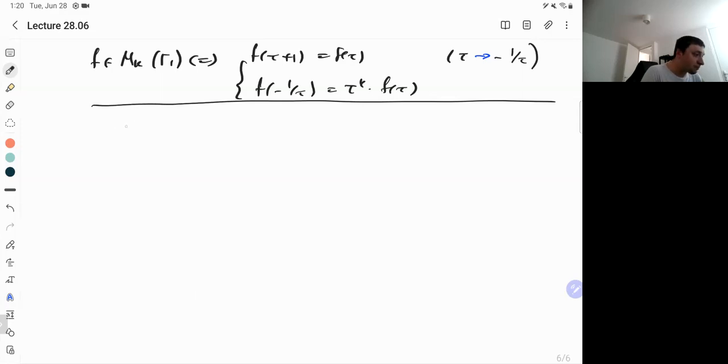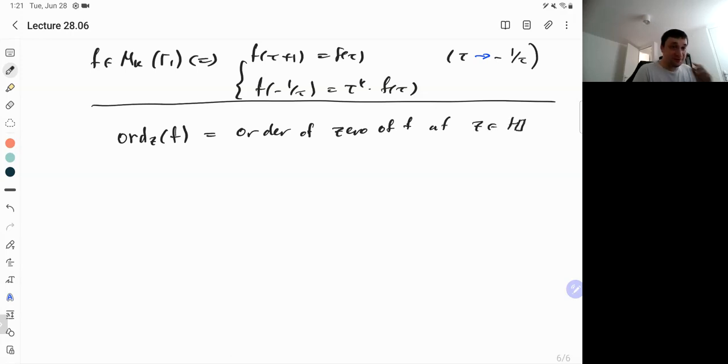But before I formulate it, there are a few observations. First of all, we define the order of vanishing of f, which is just the usual order of zero of f at point z.